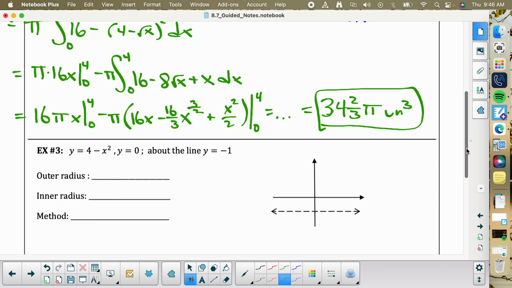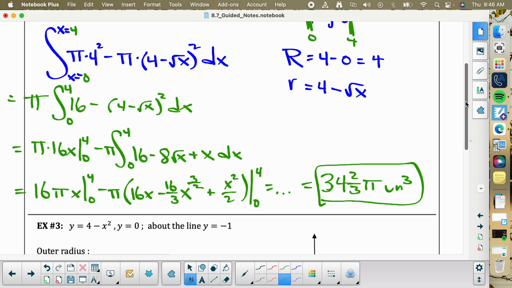Doing it step by step is probably why you got it wrong. 34 and 2/3, that's what you got as well? So some people ended up with an answer of 104/3 for the second, which as a decimal is roughly 34.7, and some people got a decimal that was roughly 160.